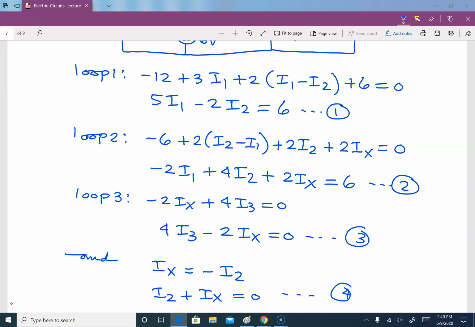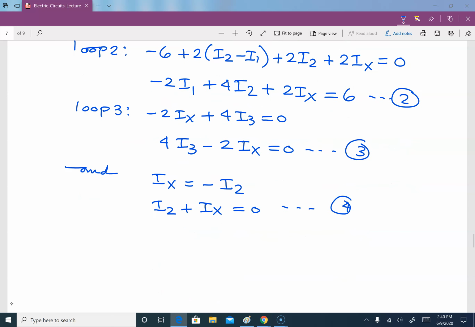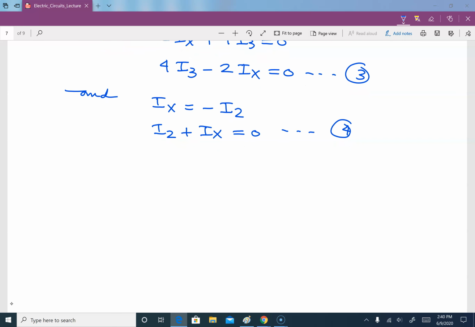So now, if we put this in a matrix form, this is what we are going to get. That is 5, minus 2, 0, 0; minus 2, 4, 0, 2; 0, 0, 4, negative 2; 0, 1, 0, 1.